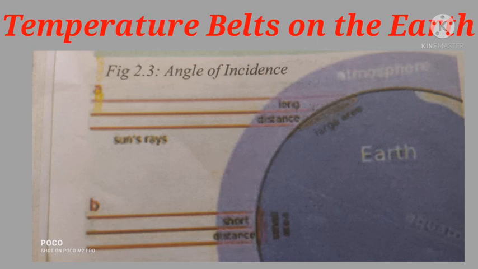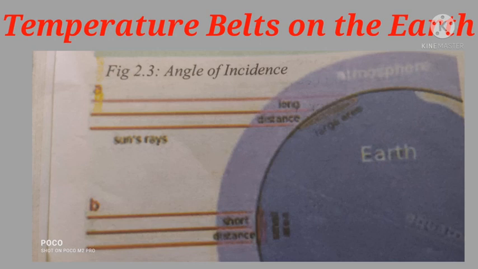Because of the tilt of the axis, the area which faces the sun directly keeps shifting throughout the year. In March, the sun shines directly over the equator. In June, it shines directly over the Tropic of Cancer in the northern hemisphere. In September, as the earth travels further around, the sun shines directly over the equator.